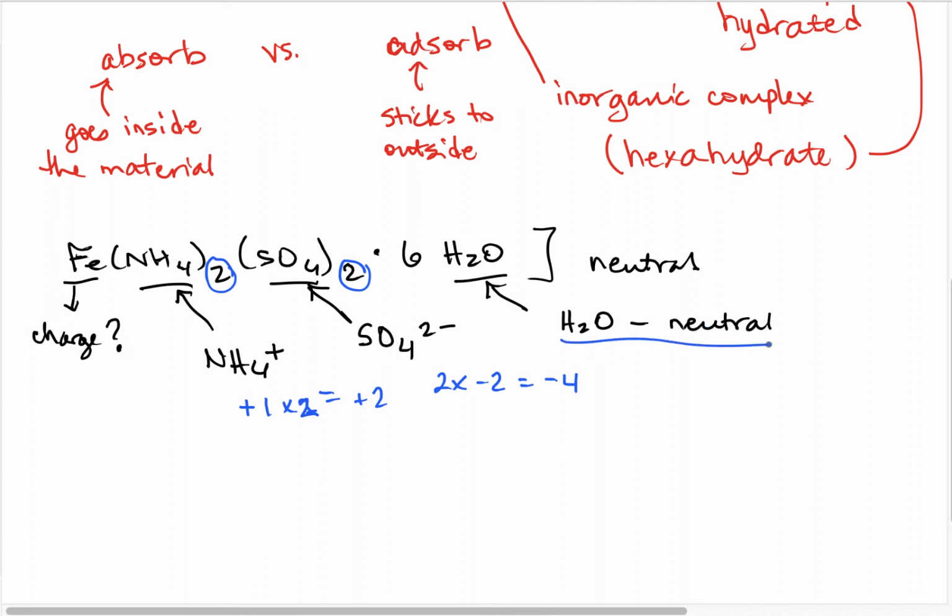We have water, which is neutral. We have -4 from our 2 sulfates, and we have +2 from our 2 ammonium ions. So what's the charge on this iron? Looks like it has to be Fe2+. Okay, so we have an Fe2+, that's fine.